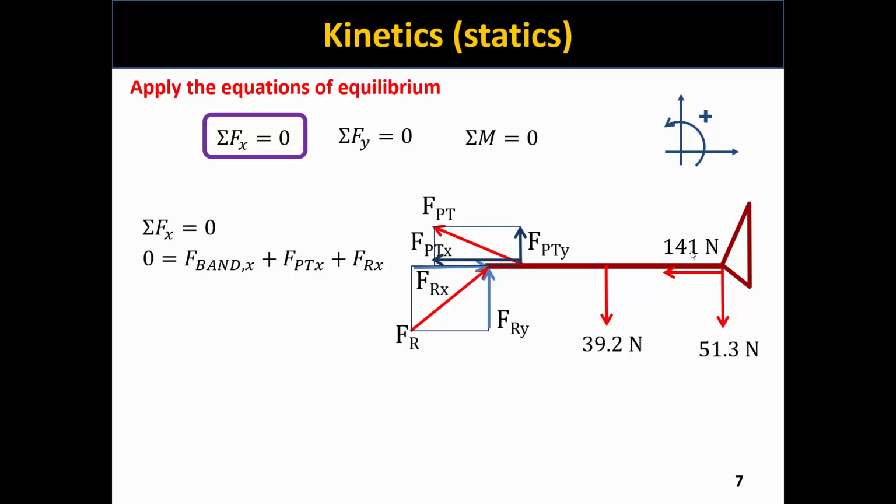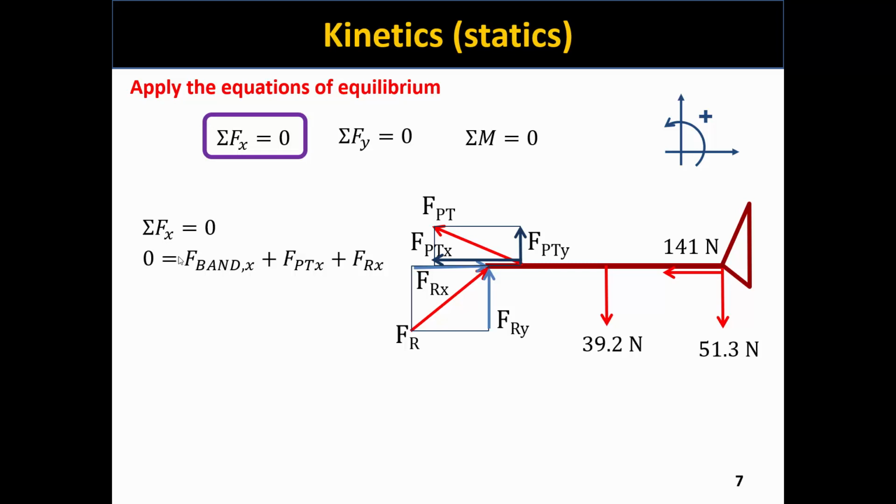So here I've encountered a horizontal force of magnitude 141, and that was the X component of the band. I keep moving. I see the weight, but because that's vertical, I just skip over it. I ignore it. And I continue until I find another horizontally directed force, and that's the X component of the patellar tendon, and I have an X component for the reaction force in the X direction.